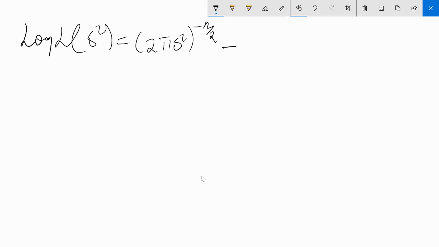I'm praying that you guys know how to differentiate, because I don't want to teach that. It's maths. So please. This one is 1 over 2 sigma to the power minus 2. I'm taking it from down there.